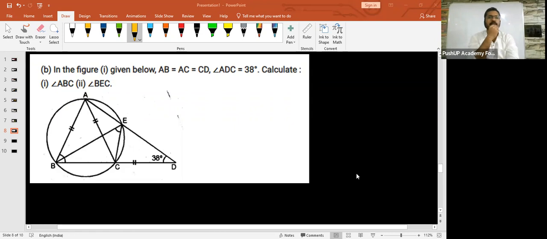Isosceles triangle property. Then cyclic quadrilateral property, because ABCE is what? It's the cyclic quadrilateral. I'm just giving you some clues, okay?